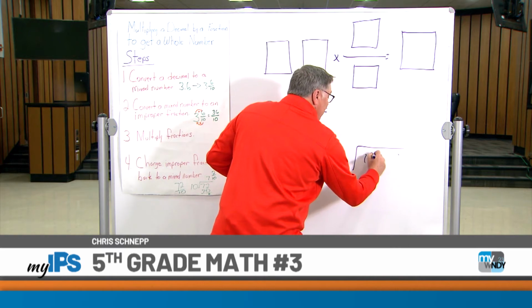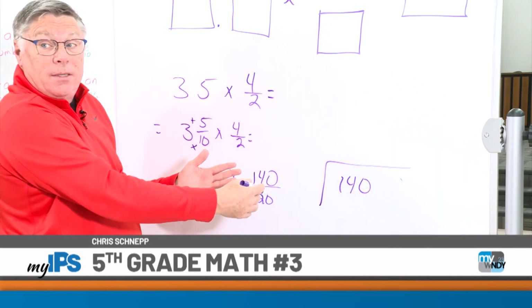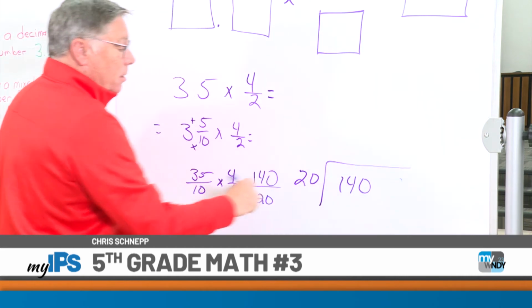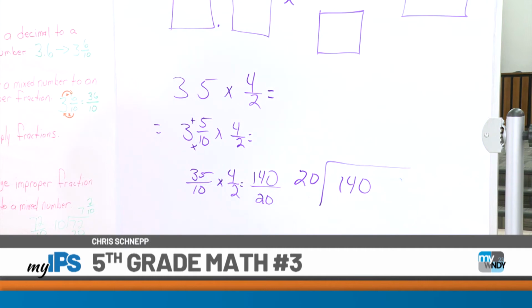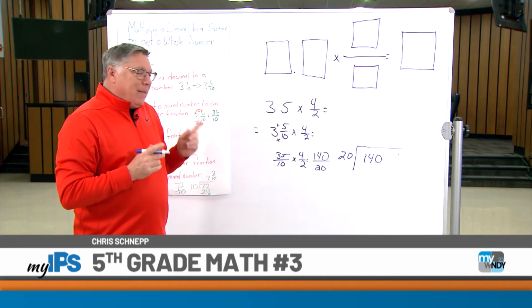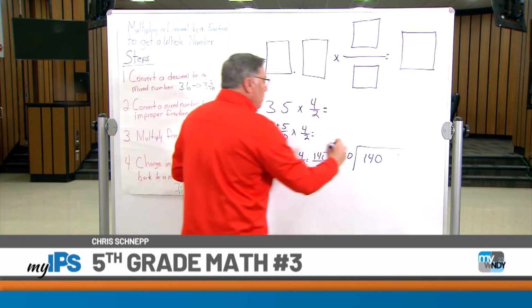Top in, that means it goes on the inside of the division symbol, or what we sometimes call the house, and the denominator comes on the outside. Okay, so 20, now I know 2 goes into 14 7 times, so I'm guessing that 20 goes into 14 7 times also.